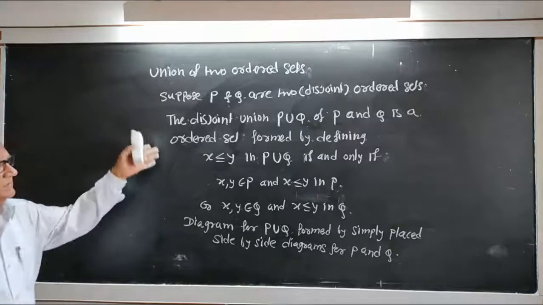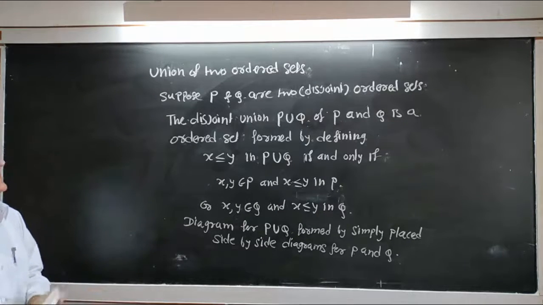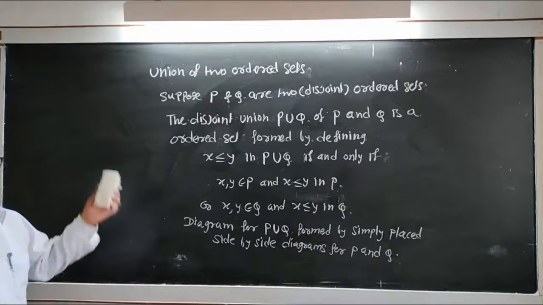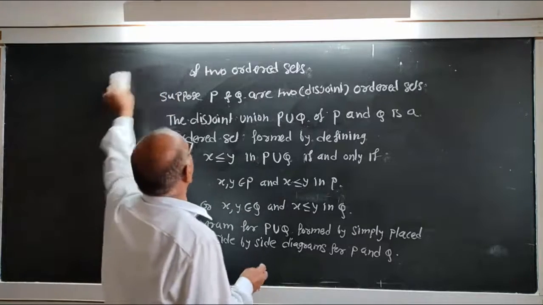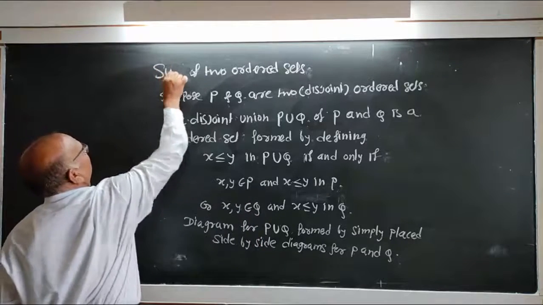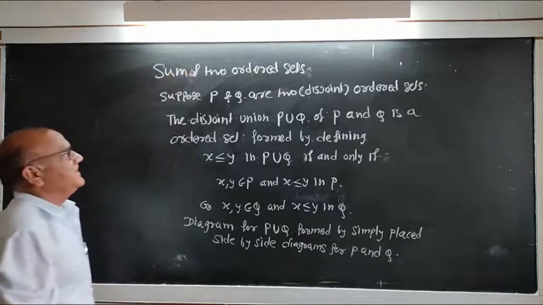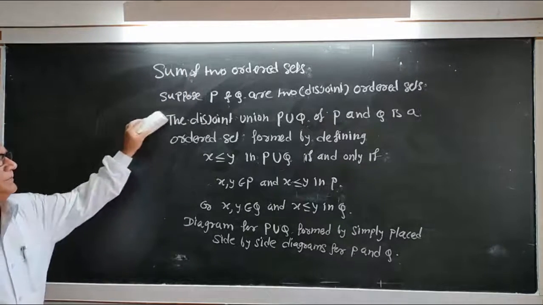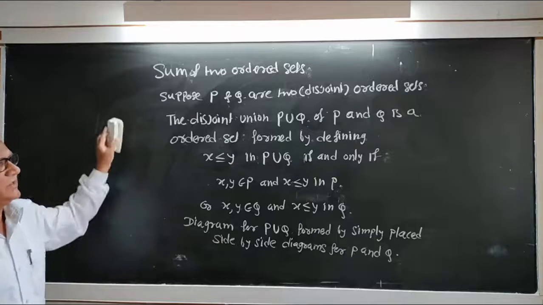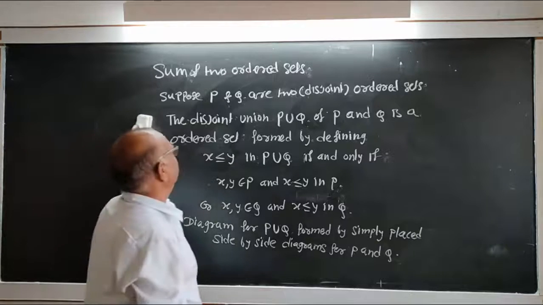Now from this union we can define the sum of two order sets. So P and Q are two disjoint order sets.